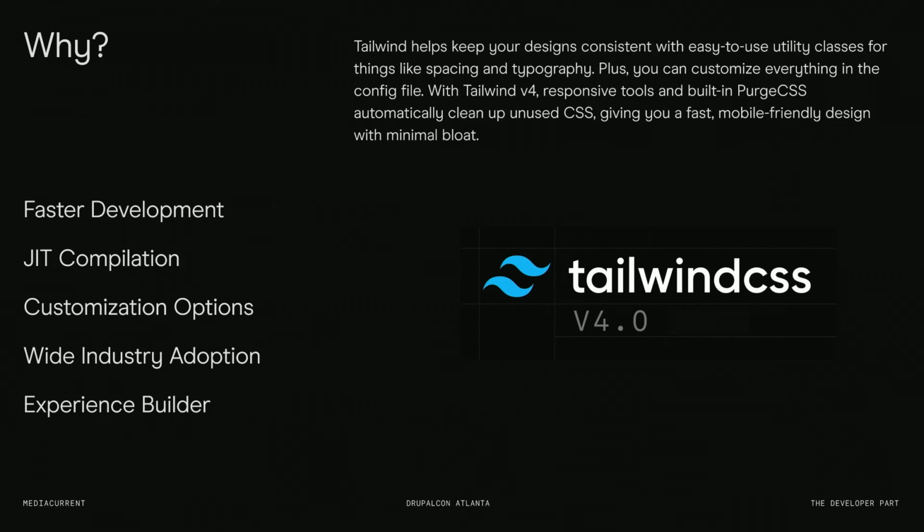Okay, so one of the first reasons that we decided to go with Tailwind is really the last one there, that they already have it baked into Experience Builder, and so we didn't want to just go our own way right away. But there are some really good reasons to use Tailwind. First of all, it is hugely adopted, right or wrong. It's very customizable. In fact, with Tailwind 4, that becomes so much easier.